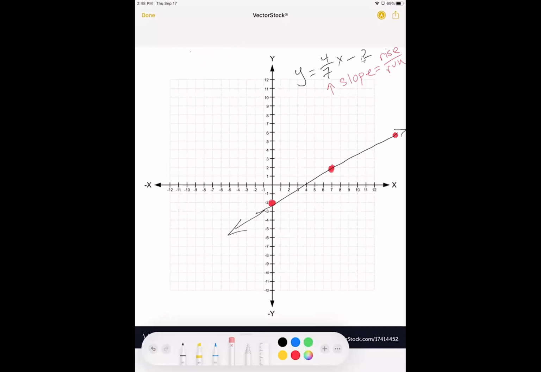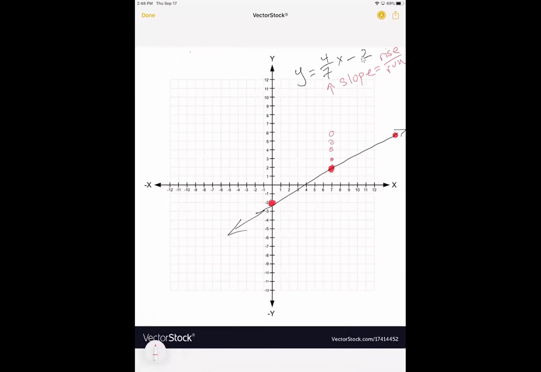So the slope is unlimited, meaning if you keep on going 1, 2, 3, 4, I miscounted. If you keep on going up 4 over 1, 2, 3, 4, 5, 6, 7, you will get to this point here. Okay. So the slope tells you go up 4 over 7, up 4 over 7. So you have to do it twice.